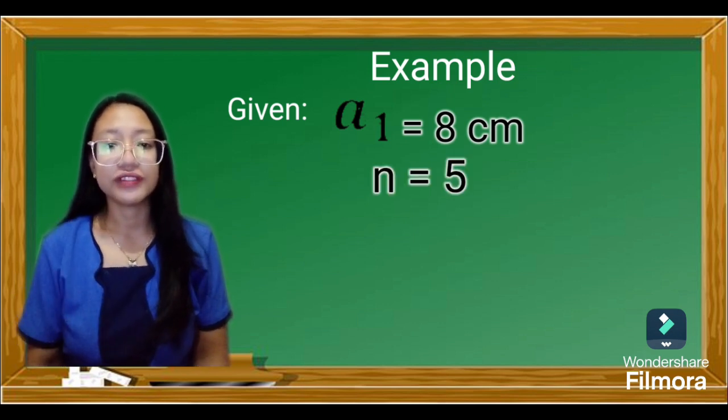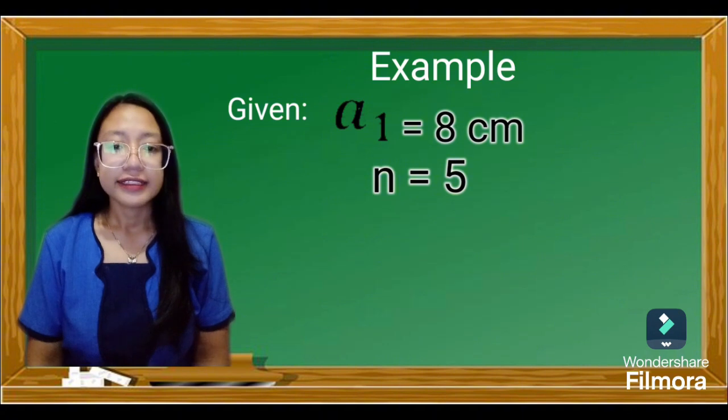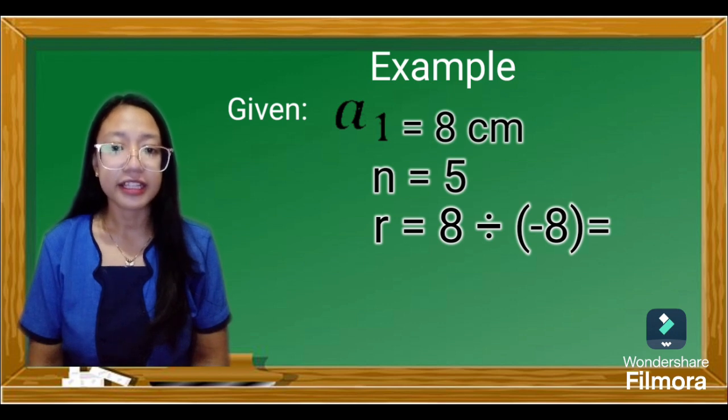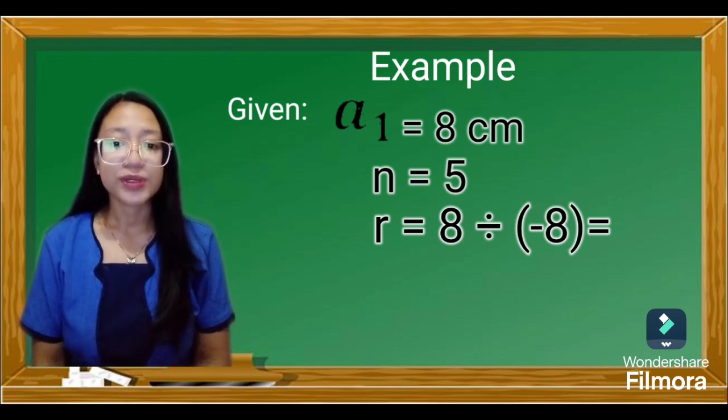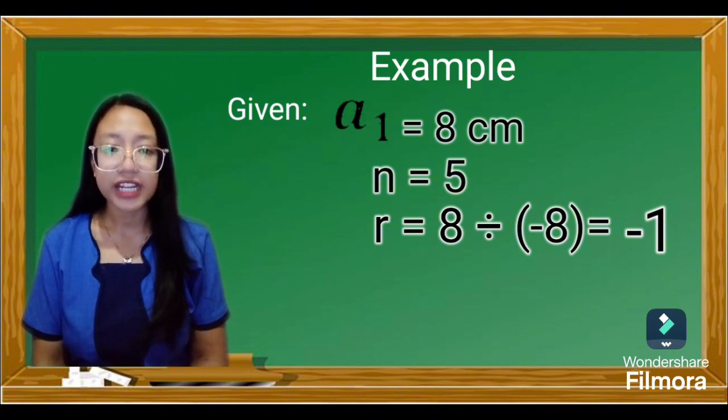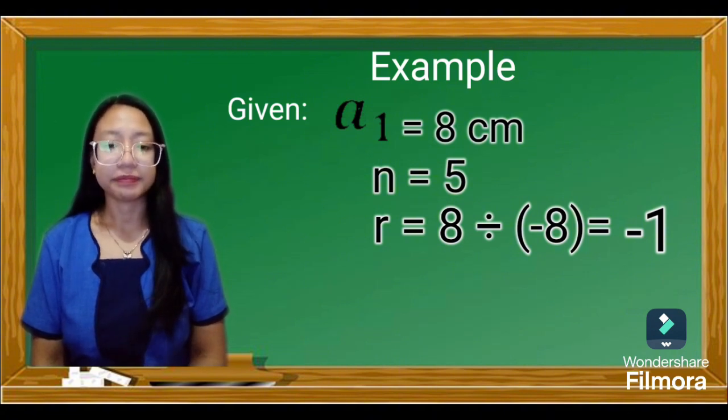And then, ngayon, isosolve naman natin yung common ratio. Since yung first term natin is 8 and then sa second term natin is negative 8, i-divide lang ulit. So, 8 divided by negative 8 is equals to negative 1. So, our common ratio is negative 1.